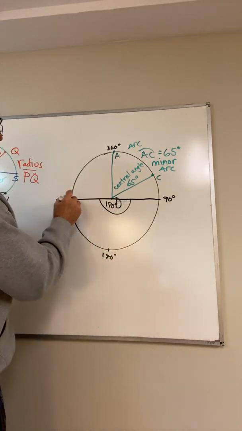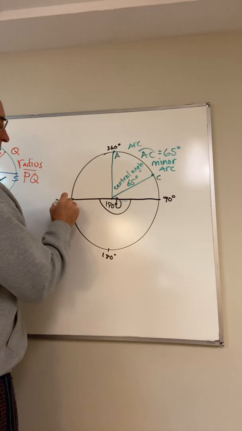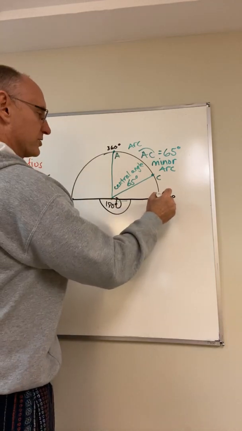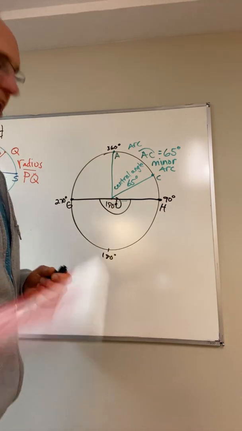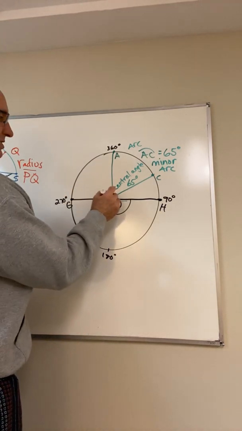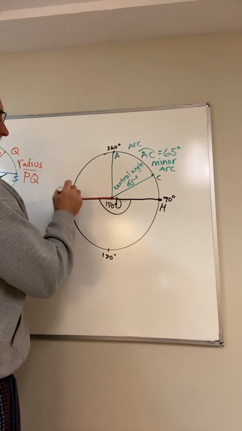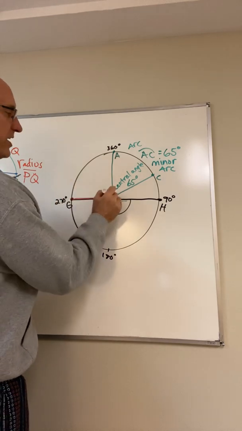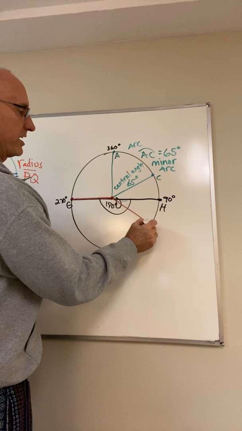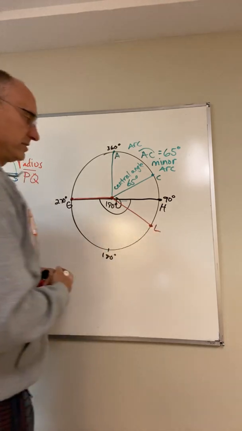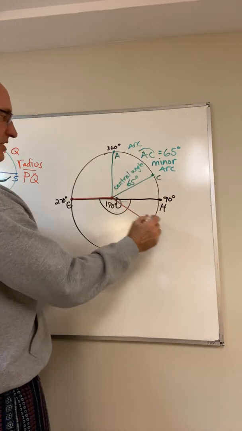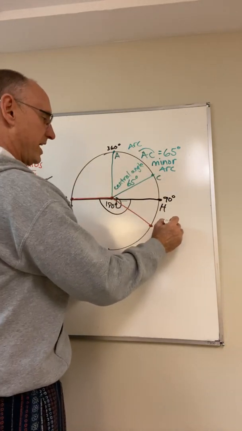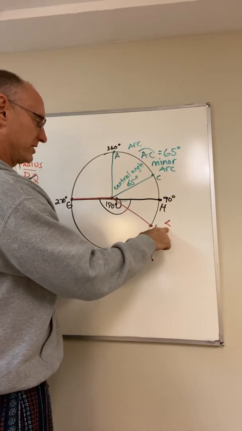And then let's say I did an angle. Here's G and here's H. What if I started at the center, made one side of an angle at G, and then took the other one all the way over here, and we'll call this L? So this from G all the way over to here would be angle GDL, and don't forget you put a little angle symbol in front of those.